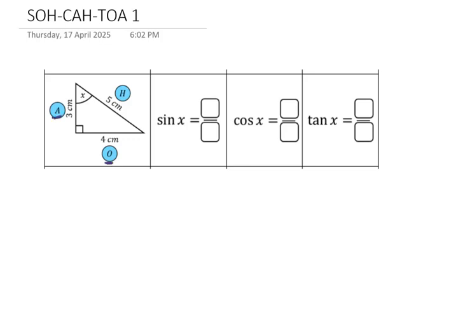So in example 1, the sides have already been labelled for you here, right? We're given O, A, and H. And the angle here is x. So sine of x is equal to the opposite over the hypotenuse. So sine of x is going to be equal to 4 over 5.